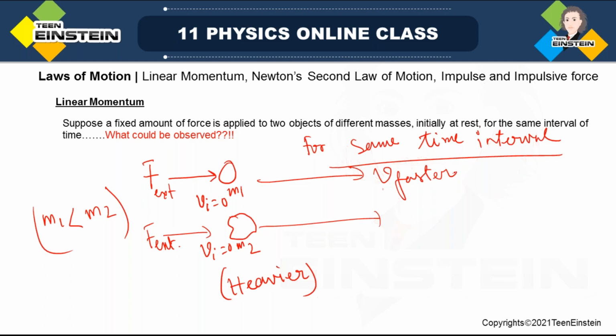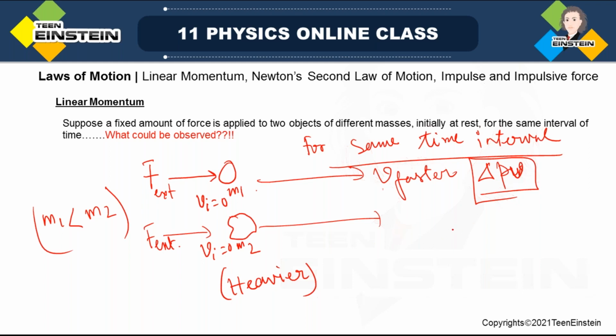But what you measure, if you can measure the change in the momentum, in this case linear momentum, for both of them will be the same. The change of linear momentum in both the masses, even though these two masses are different, what you look at the end, the change in the momentum for both of them will be the same.